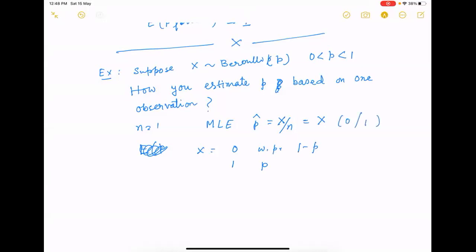But look at the range of P: it includes neither 0 nor 1. So if you have only a single observation, then MLE is not a valid answer.